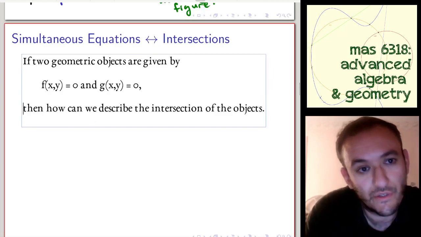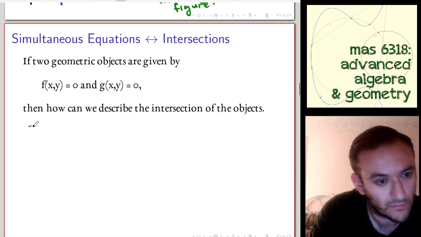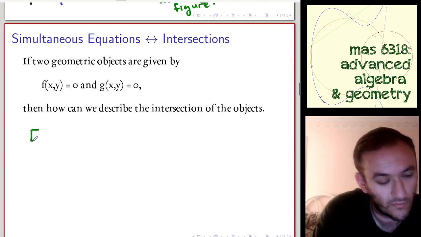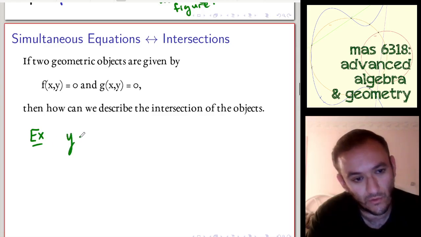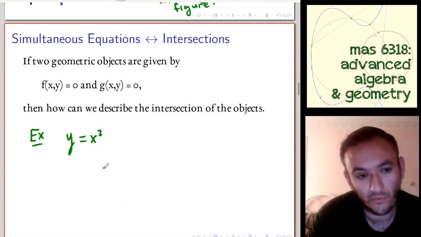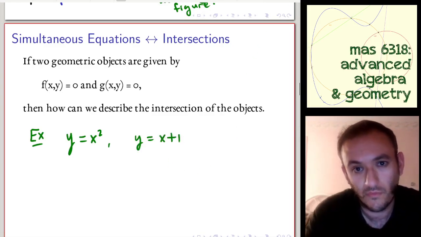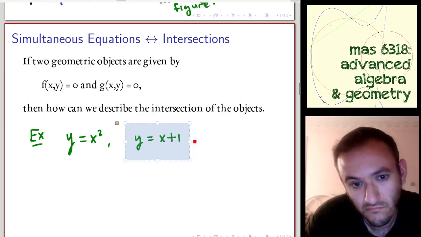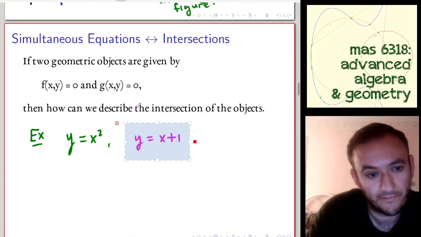Okay, so let's look at an example. If we have the graph of y equals x squared, and we have the graph of the line y equals x plus 1, and let's make this one magenta.